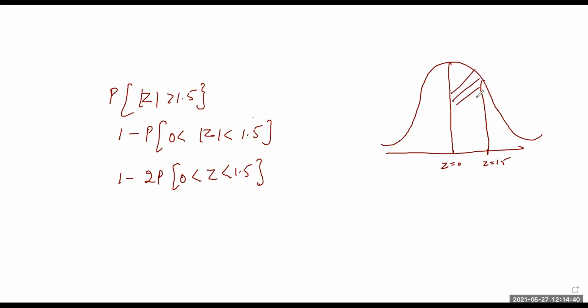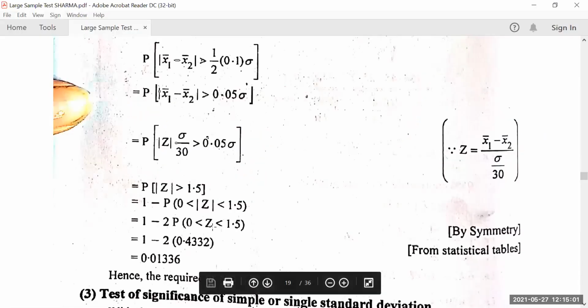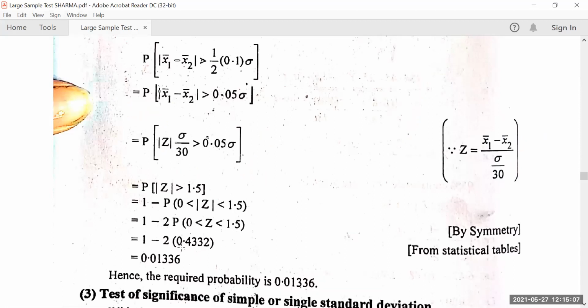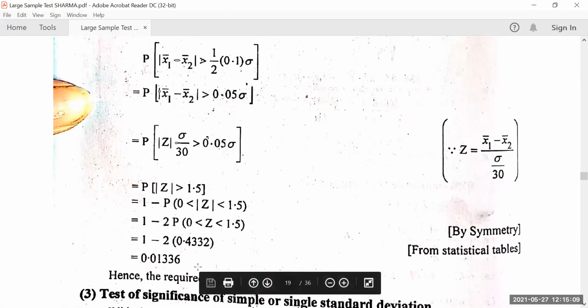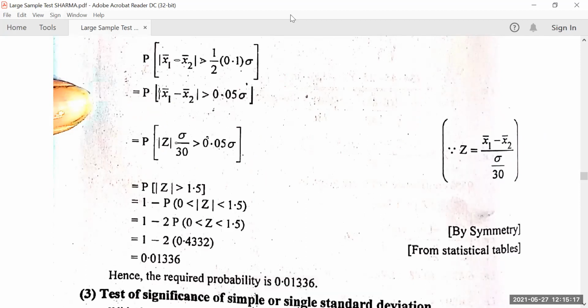Is it clear? For this we have the table value. So just see, the value under this z line between 0 and 1.5 is 0.433. The area that I covered previously was wrong, so I have rectified it now.